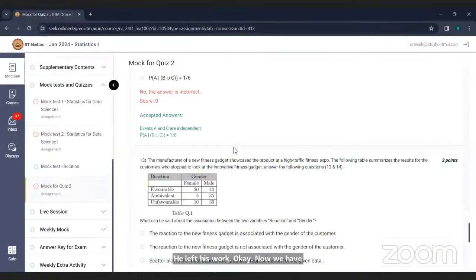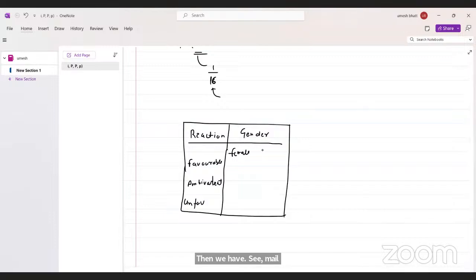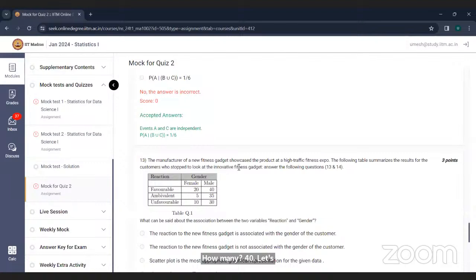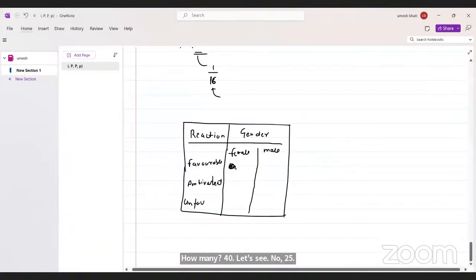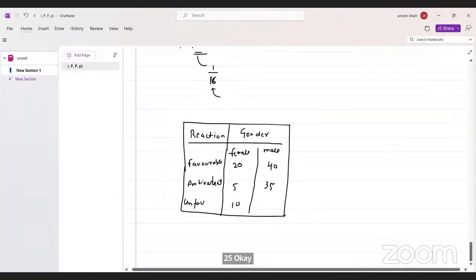Then we have female and male. How many outcomes are here? 25 and 10, and here 40, 40, 35, 30.